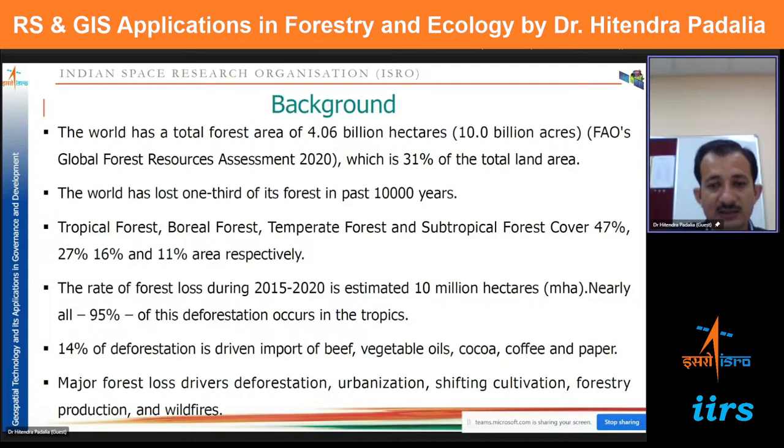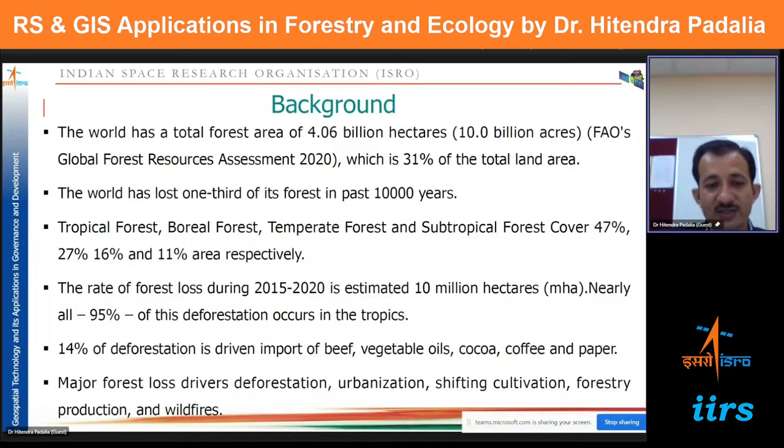Other than this, a lot of ecological services are impacted by urbanization, a very big phenomenon now, mostly in developing countries. Shifting cultivation has been a traditional practice, but many parts of the tropical forest are still being affected by it, and it has caused a lot of erosion of biodiversity in different zones.